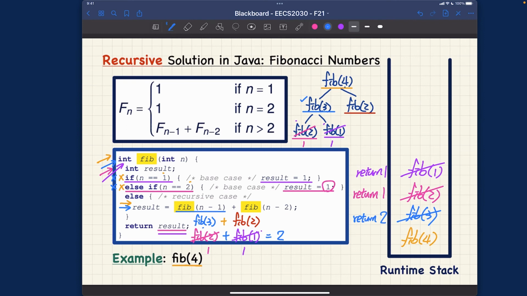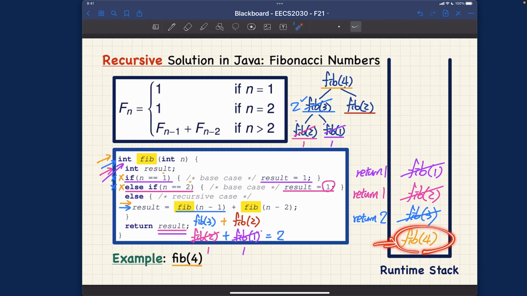So that will be 2 over here. And notice that the 2 returned over here is the result for calculating Fibonacci of 3. And how do we continue? We're going to look at what's the top of the stack. The top of the stack is actually Fibonacci of 4, right?